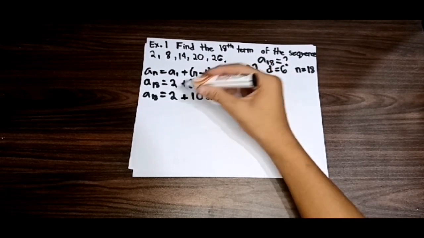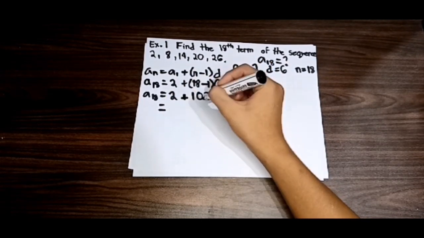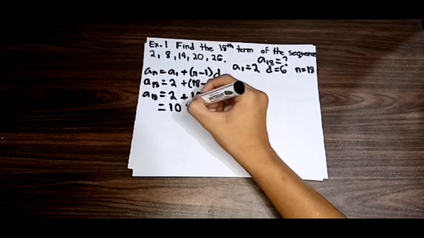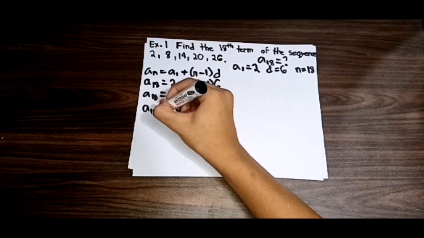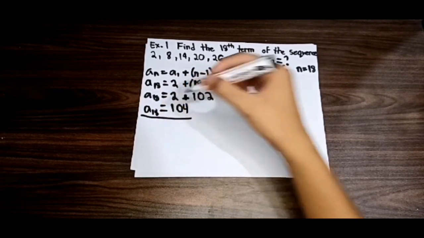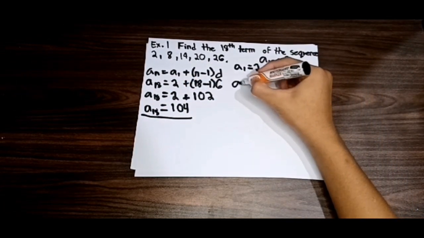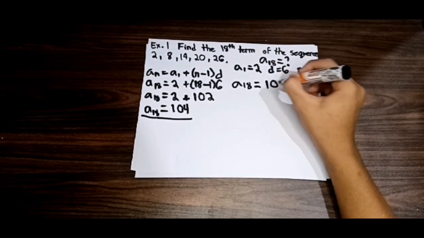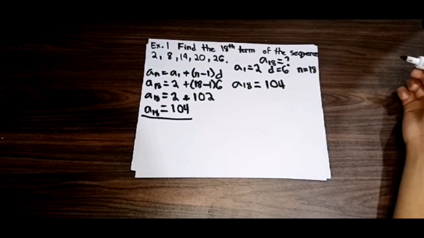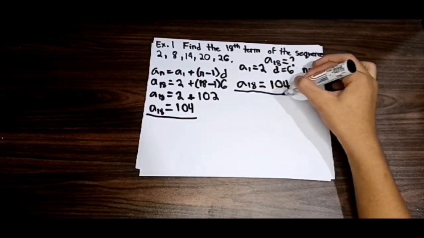Just add 102 to 2. So 102 plus 2 is equivalent to 104. So a sub 18 is equivalent to 104. So that's how to solve the first example.